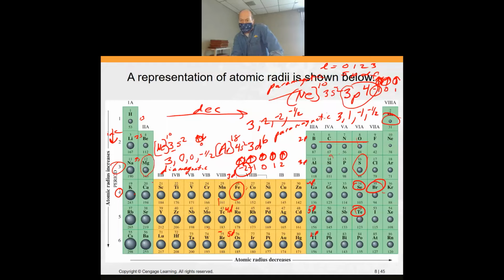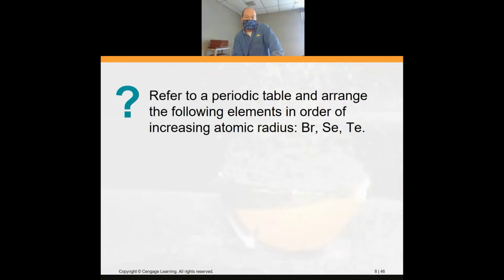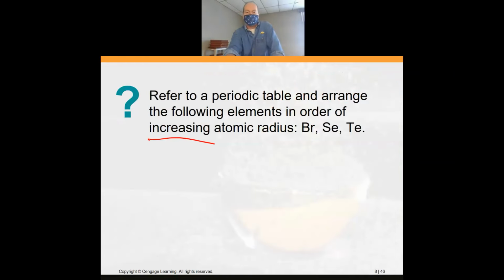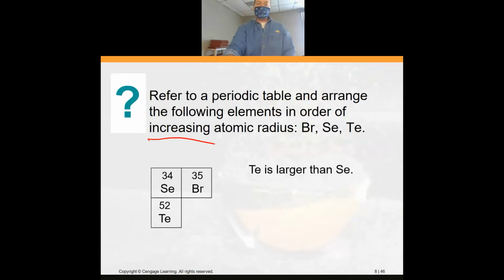So Te is the largest, and Br is the smallest. And so when it says to put them in increasing atomic radius, you want to put the smallest first, that's bromine, then Se, and then the largest last, and that is your Te.